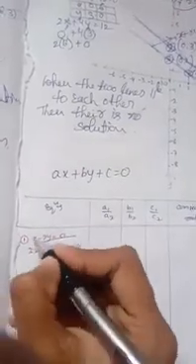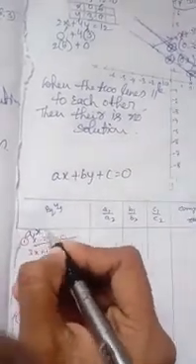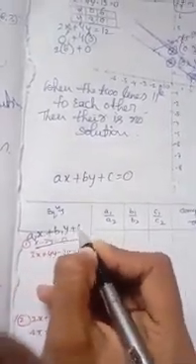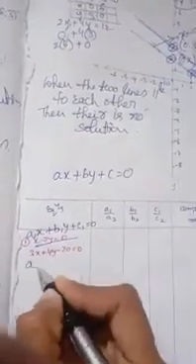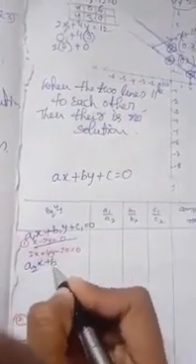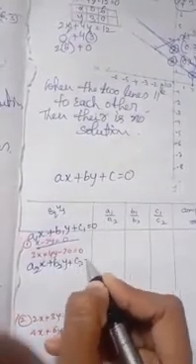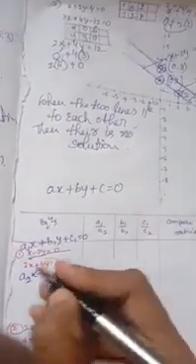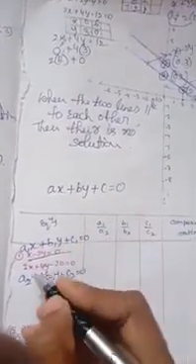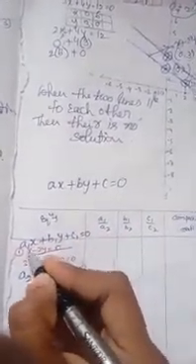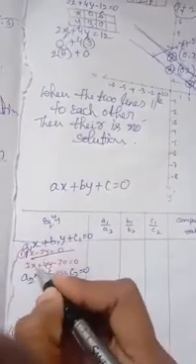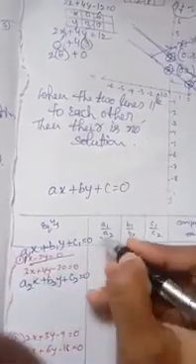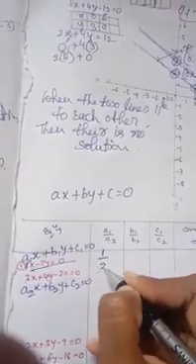Therefore the first equation we take a1x plus b1y plus c1 is equal to 0. The second equation a2x plus b2y plus c2 is equal to 0. The constants can be taken as a1, b1, c1, a2, b2, c2. When we find a1 by a2, the coefficient of x in the first case is 1 and in the second case is 3. Therefore 1 by 3.